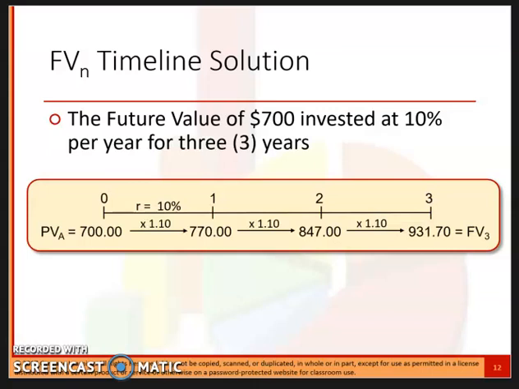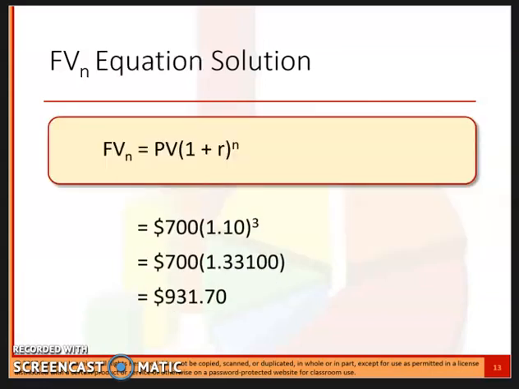So a timeline solution. We take our $700 and multiply it by 1 plus the interest rate. It grows to $770 after 1 year. We multiply that by 1.1, and it grows to $847 after 2 years. We multiply that by 1.1, and then it grows to $931.70 after 3 years.